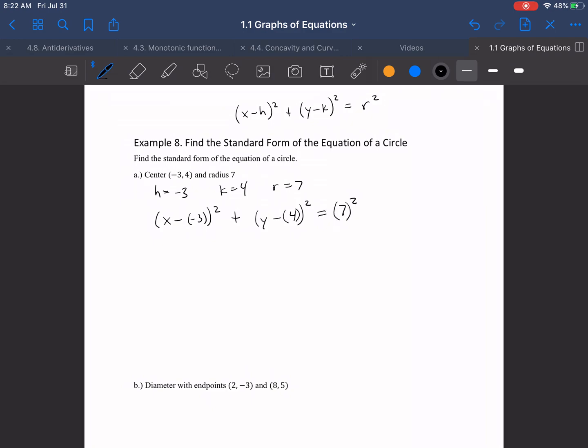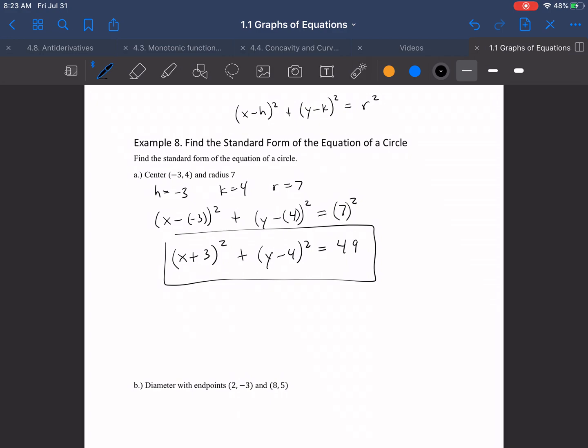And that's what we have. So this is going to be x minus -3. This becomes (x plus 3) squared plus (y minus 4) squared equals 49. And there's your answer right there. Okay? So not too crazy, not too bad.